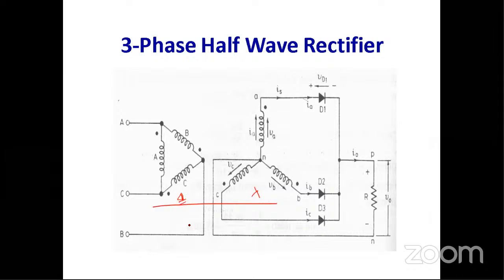That is because delta provides a path for triplen harmonic current or third harmonic current. That is why we select the primary side of the transformer in delta. This also stabilizes the voltage on the secondary star.